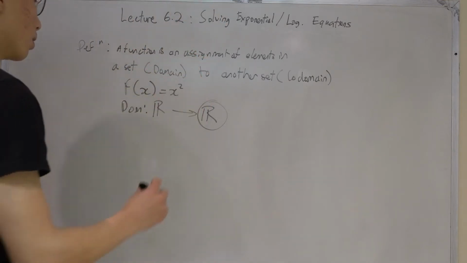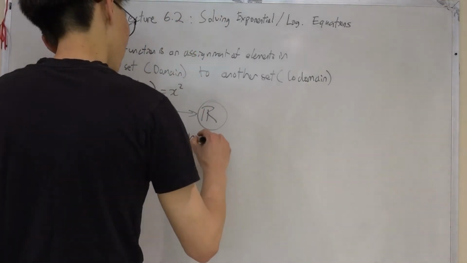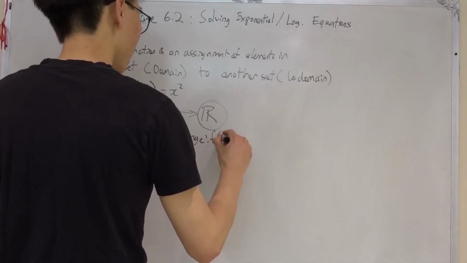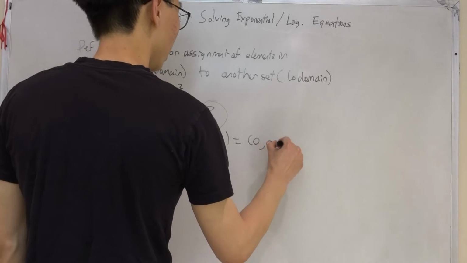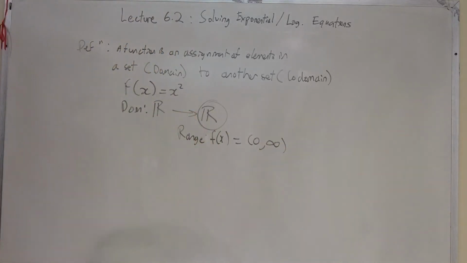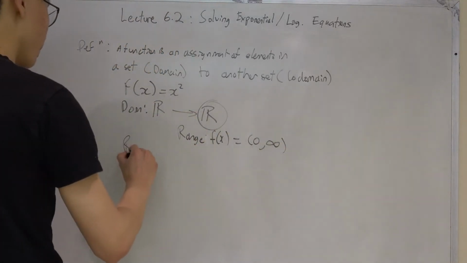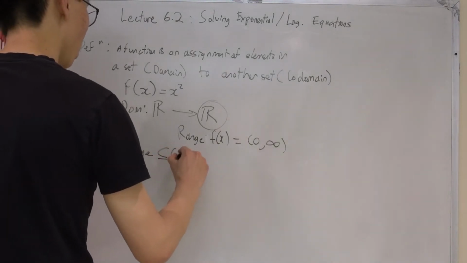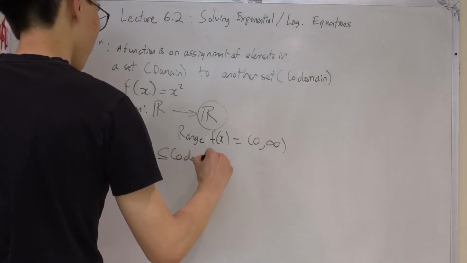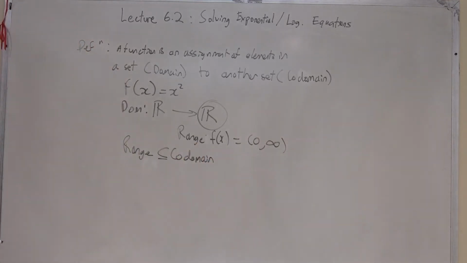Well, yes, the range of f is the numbers from 0 to infinity. Not to be confused with the codomain. The range is always a subset of the codomain. All right? That's how you should remember.